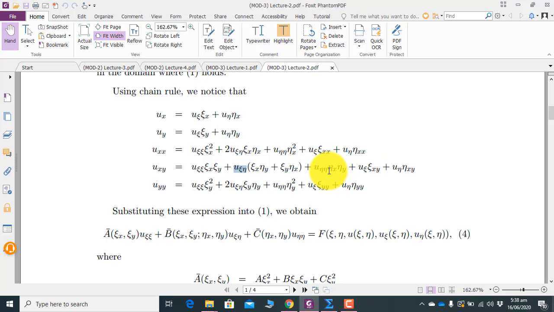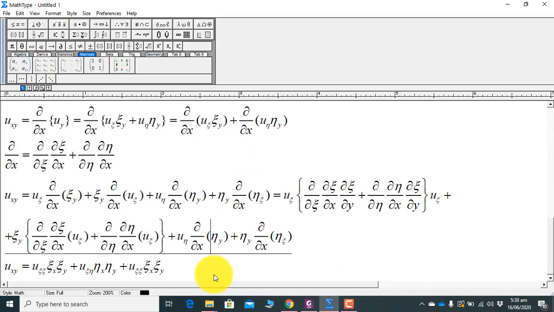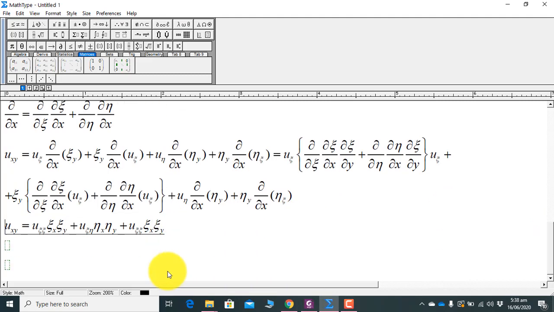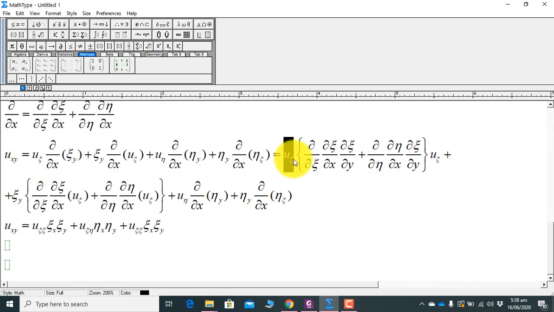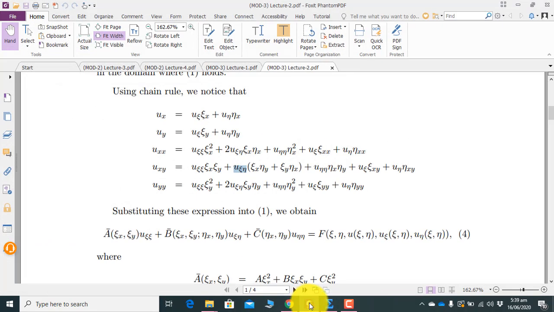I will explain this in the next lecture. I think I am having a mistake here. Maybe I am not so careful. This will be partial xi over partial y, and this will be partial xi over partial x. So the total answer is this one, no problem there. Similar to that, we can calculate for eta as well. There is no problem.